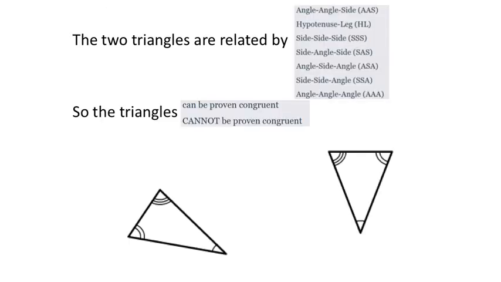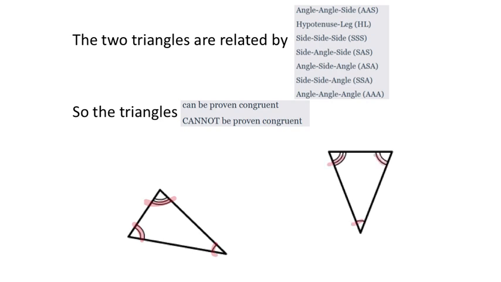That's it. This is the way it's kind of going to look on the assignment. It's going to say two triangles are related by, and give us all the relationships. So the triangles are either congruent or not congruent. Okay? This one right here, all it's given us is an angle and an angle, compared with an angle and an angle.